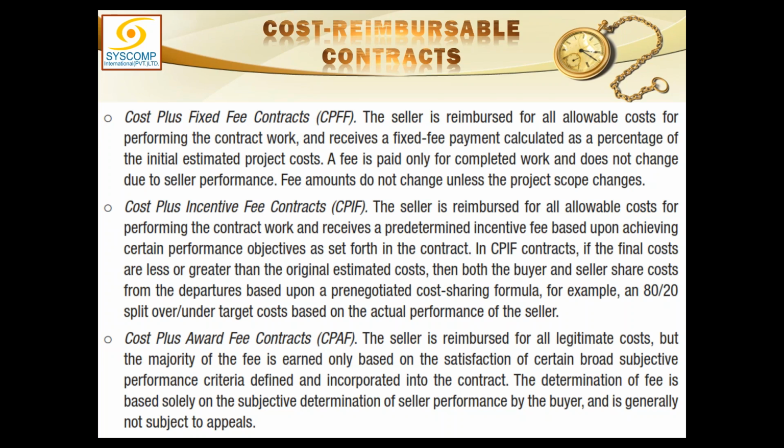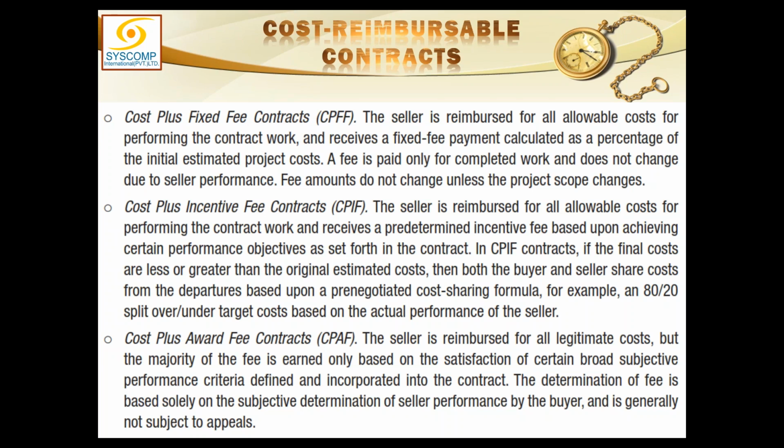Another type of contract could be cost plus incentive fee contracts. Same, the cost will be reimbursed, but if he does a good job, he gets an incentive. So here the contractor will have incentive to work better, perform well, and maybe save money for you, because whatever he saves, that is in the costs, and he is not actually paying the cost.